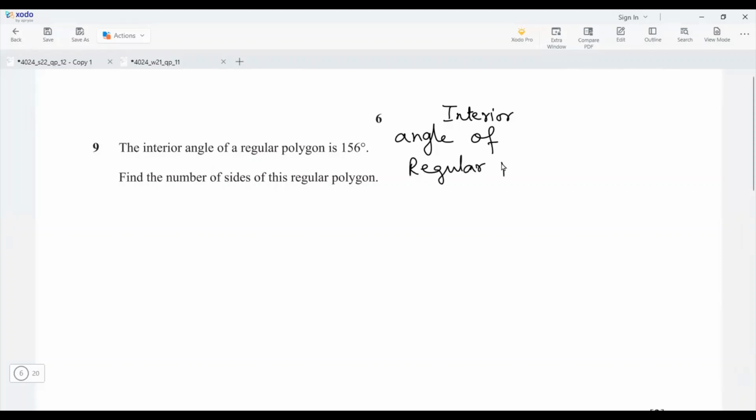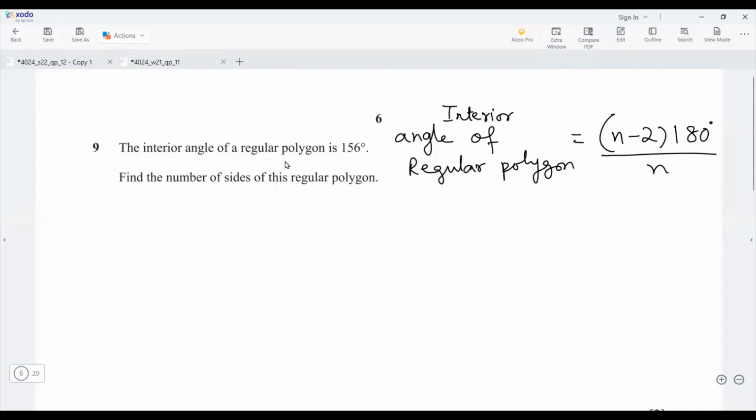The formula is n minus 2 times 180, which is the sum of interior angles, divided by the number of sides, which gives you one interior angle.